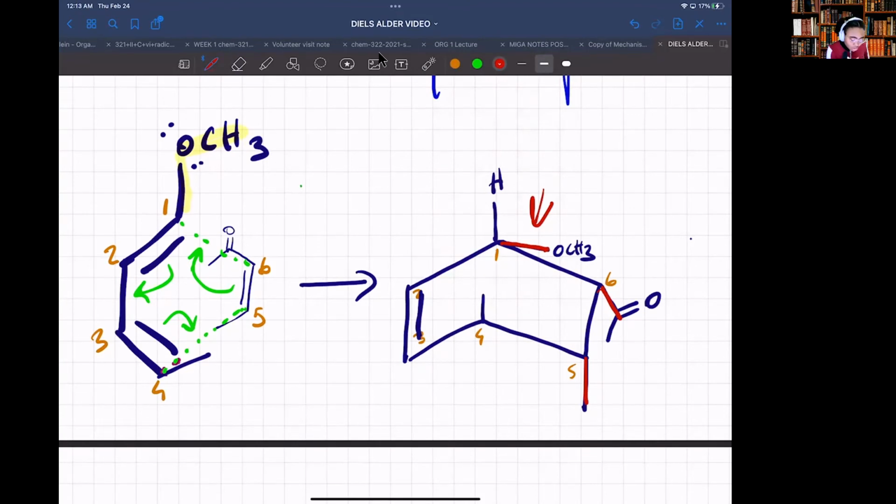It's pointing down, just like the outside group of my diene is pointing down. Both are pointing down. I know that I respected the endo rule. Okay. Now, before we end, make sure you verify your work. Make sure you put every group in. 5, 4. Okay.